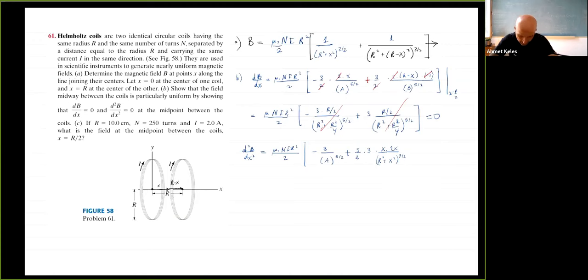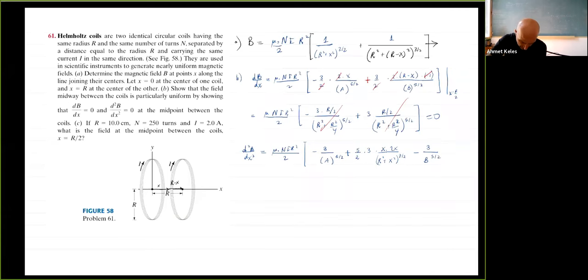This is plus. The other one, the derivative of this guy, is also minus 3 divided by B to the 5 over 2.